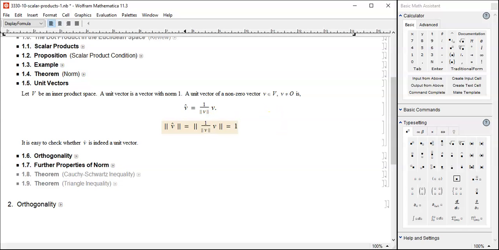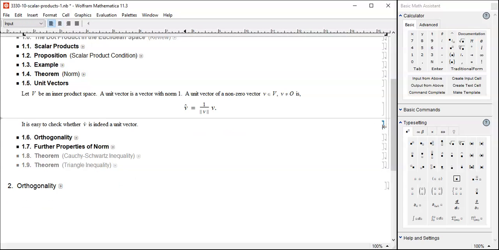I can always bring it out, times the norm of v, and this is always equal to 1. So this is a scalar times v, so they're parallel, same direction, and the norm is always 1, and that kind of thing is the unit vector. It's the unit vector in the direction of v, and typically we use this hat notation. Of course, if v is a zero vector, it's invalid. Basically, you're dividing by 0, you can't do that.